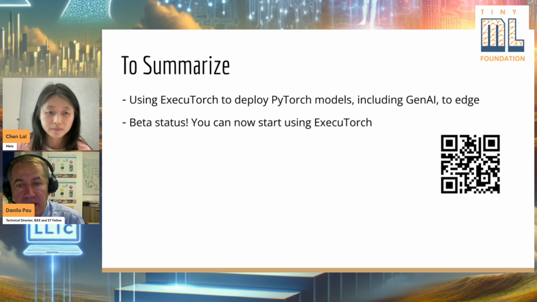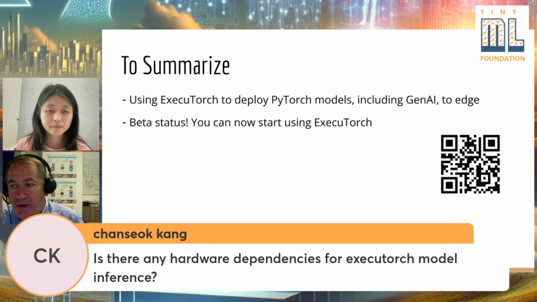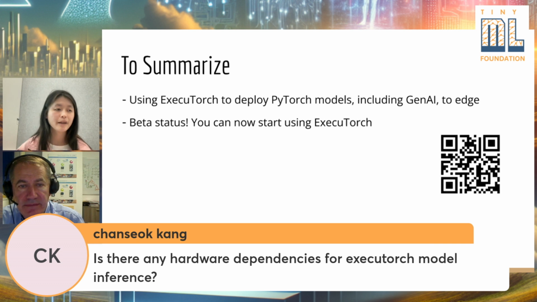Chan Seok is asking, for example, if there are hardware dependencies for the ExecuTorch model inference. So it depends. Well, I think ExecuTorch itself is targeting portability, meaning the ExecuTorch runtime can run pretty much everywhere.